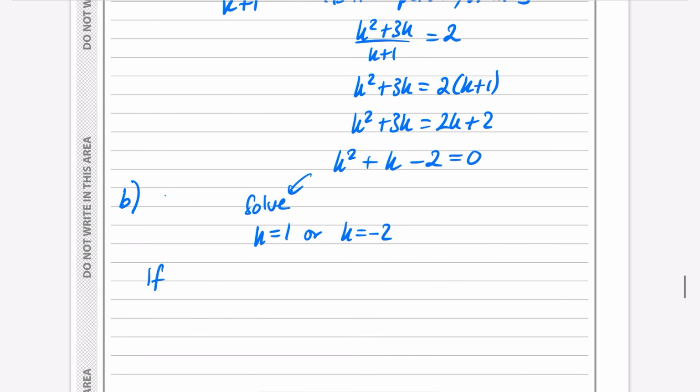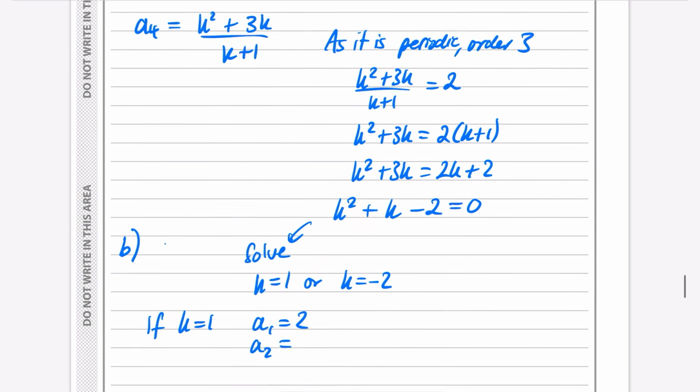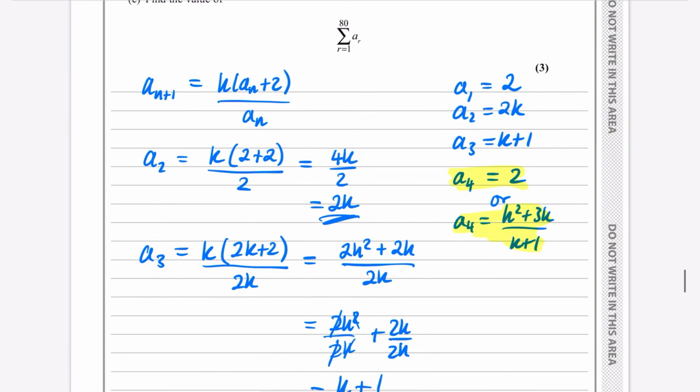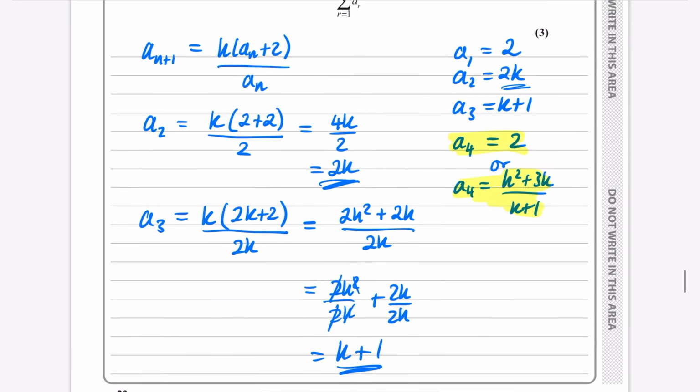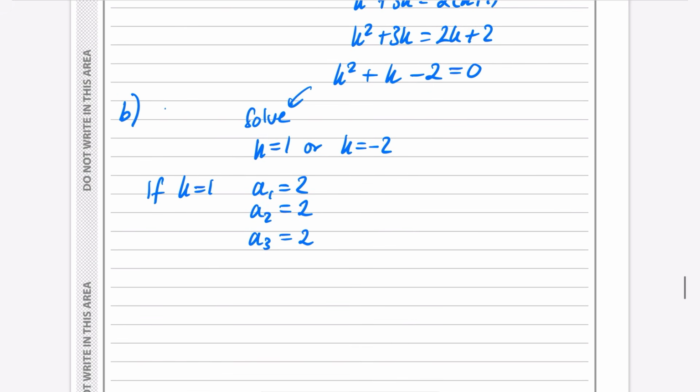Well, if k was equal to 1, our sequence would be this. A1 was 2. A2 we said was 2k, so that would be 2 times 1, which is 2. A3 would be equal to k plus 1, which is 1 plus 1, which is 2.